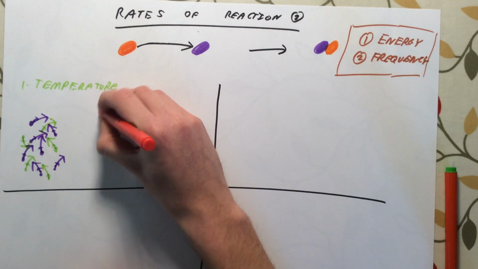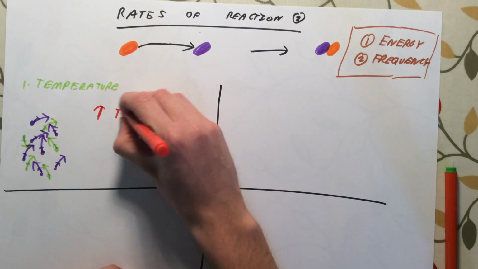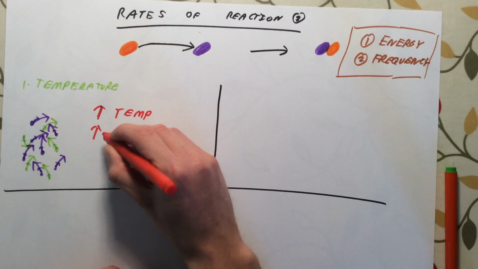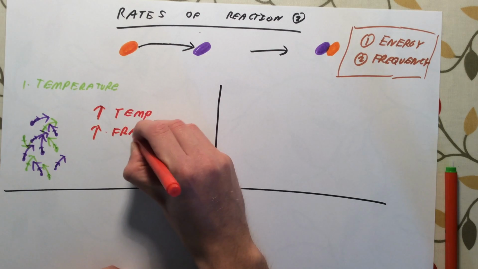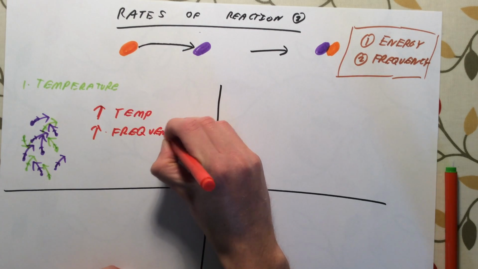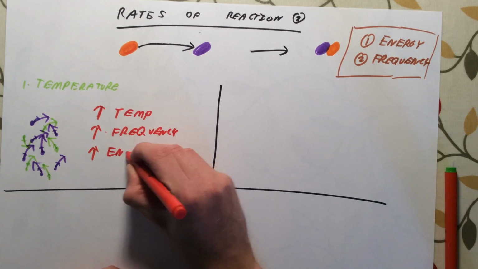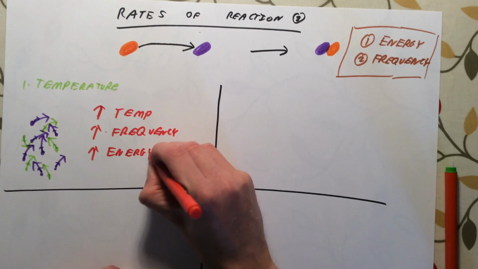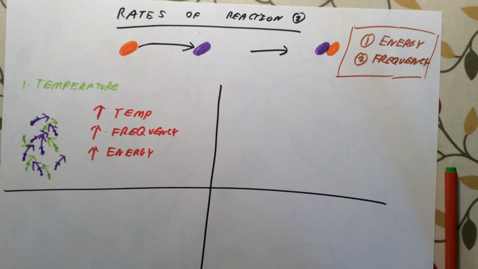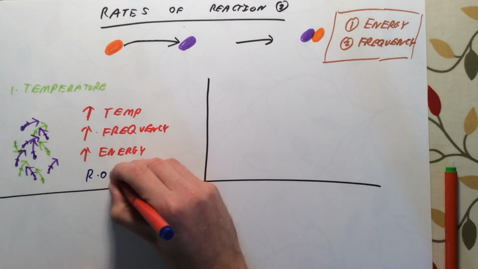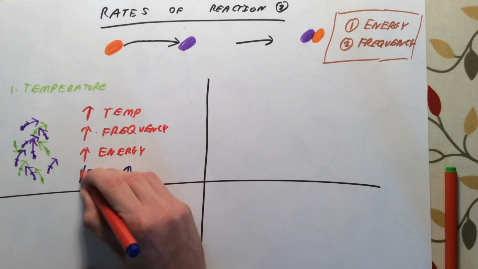So if I increase the temperature, I'm going to increase the frequency of collisions, and I'm going to increase the energy of those collisions, so the rate of reaction will also increase.